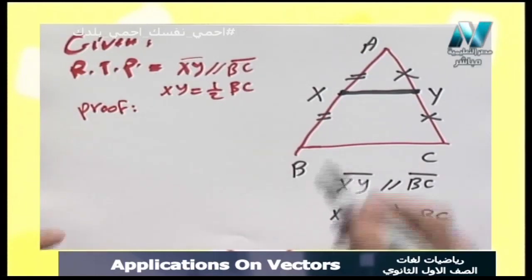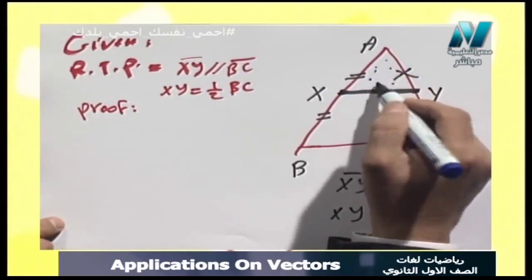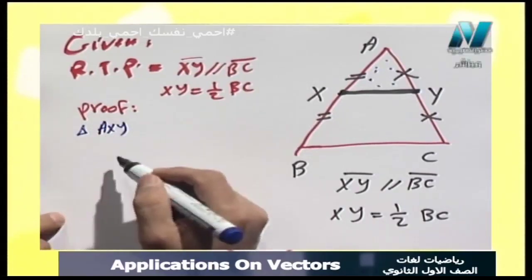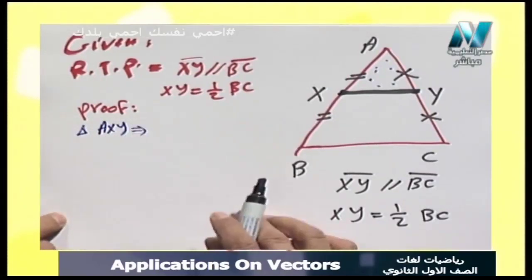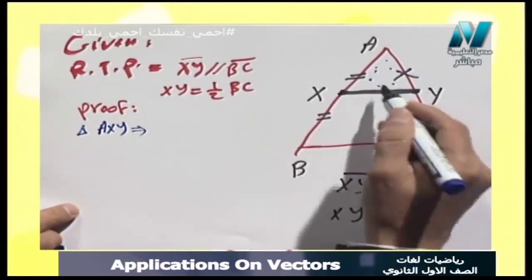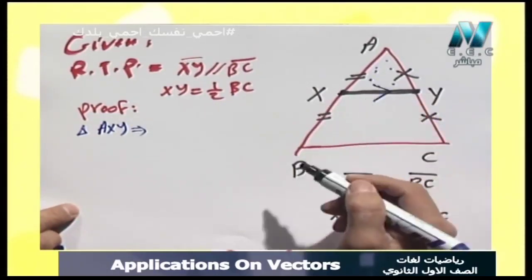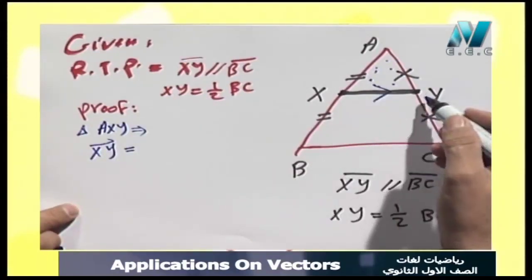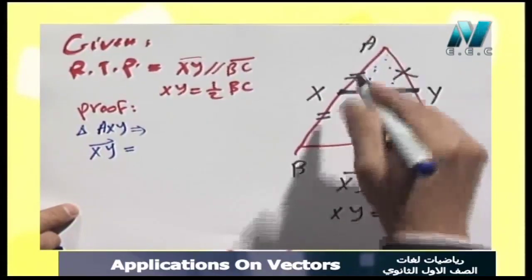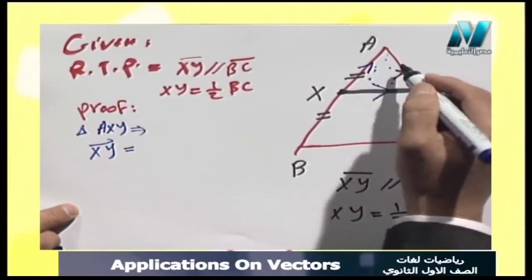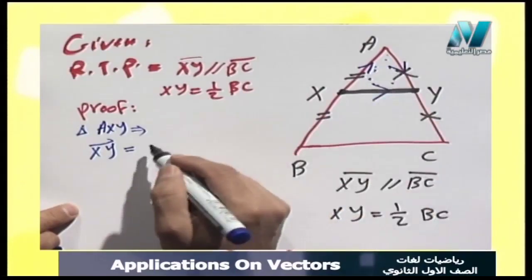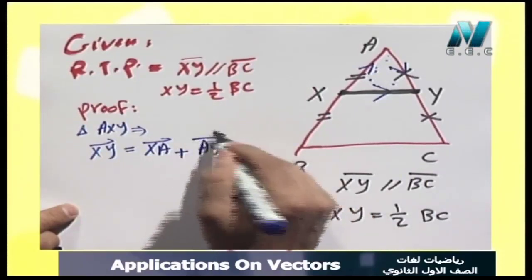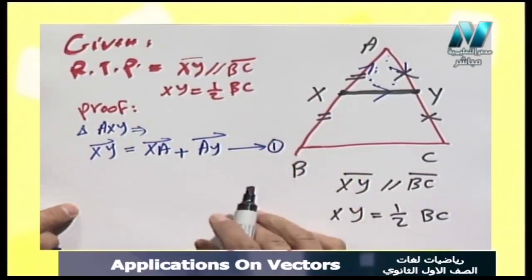We will use the vectors in this triangle first, the smallest triangle, triangle AXY, and we will concentrate on XY here. The vector XY equals what? The vector XY here equals the vector XA plus the vector AY. And we call this equation number 1.